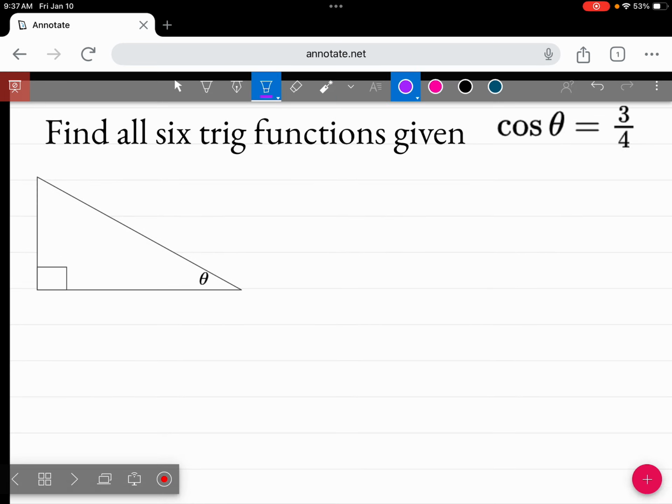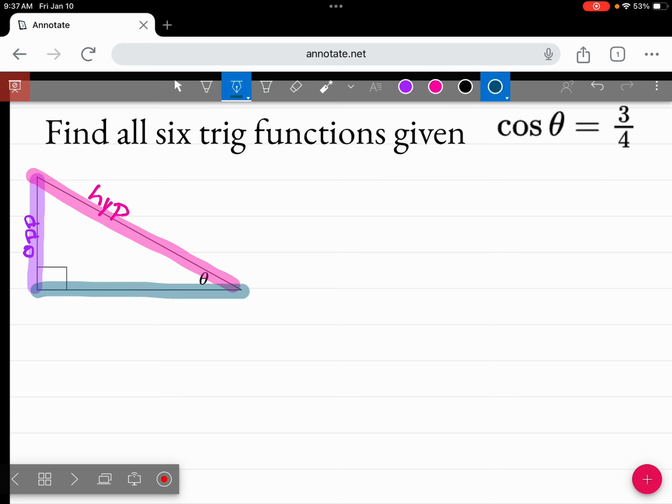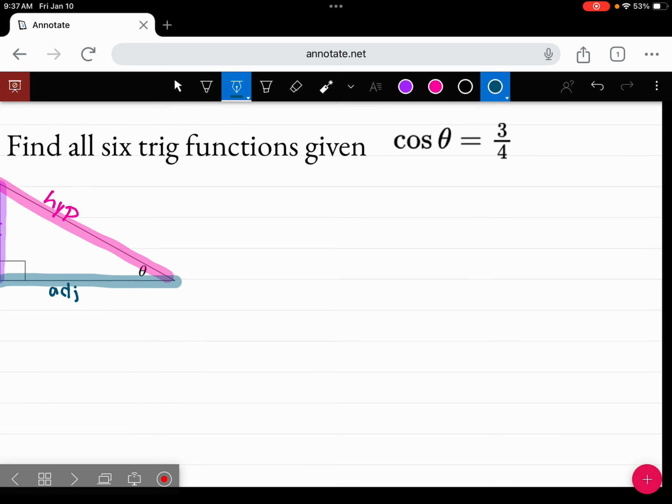We know that this side is our opposite from the angle that I picked here. This side is our hypotenuse. And then we're going to have this side being our adjacent. And they've told us our cosine is 3 over 4.